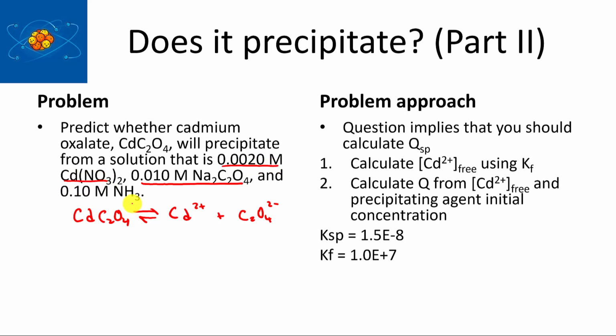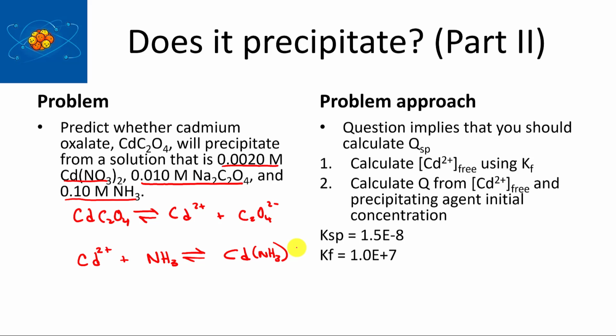So now here's the deal. What's this for? And when you read that, you should start spotting these things. This is a complexing agent. So it's a ligand that's going to form a complex ion. So the way we treat this problem is we're going to have to say, well, now I have cadmium, and then I have ammonia, and they're going to form a complex ion, which is going to be Cd(NH3), and then I realize, oh, I'm stuck.